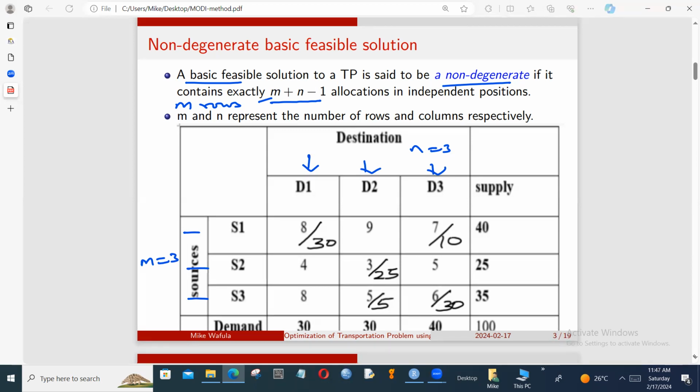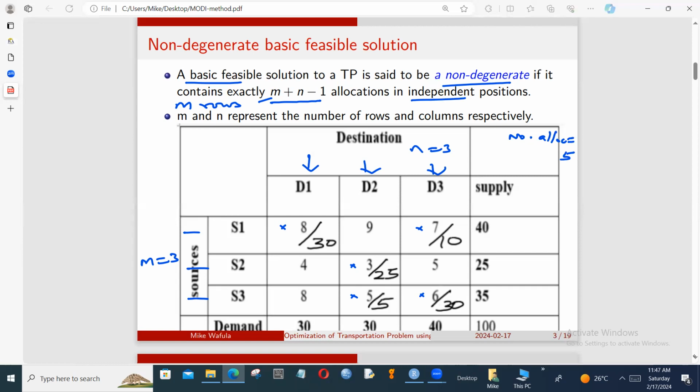Because there are 9 cells, but the ones that have received allocation, or have been assigned some units, are cell 1,1, cell 1,3, cell 2,2, cell 3,2, and cell 3,3. So the number of allocations is actually 5, and they are all in independent positions.